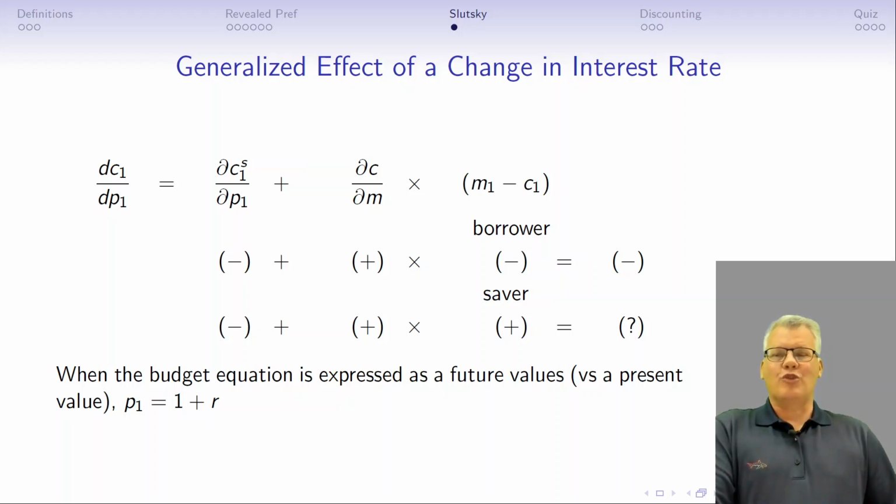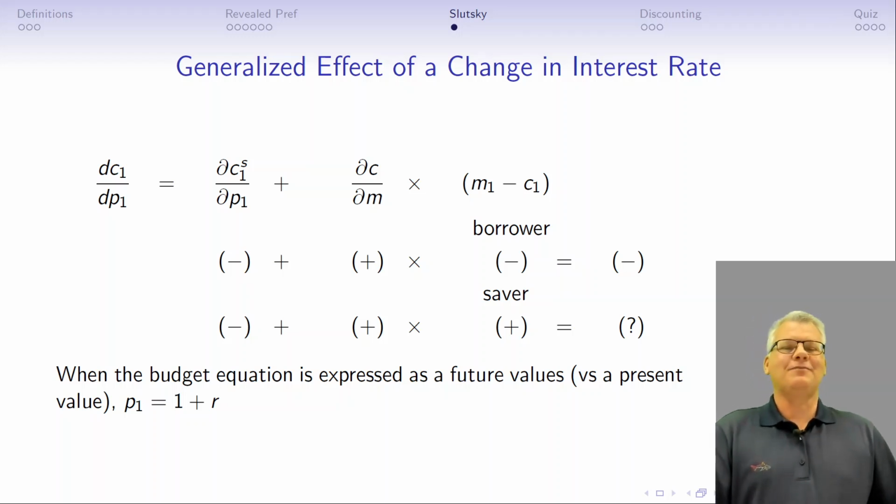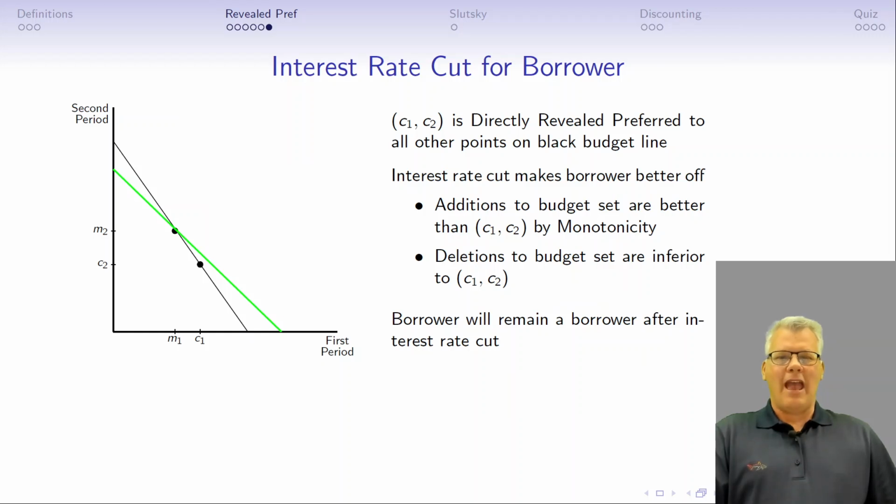If the interest rate rises, that becomes more expensive, and the Slutsky equation is telling us unambiguously the consumer will do less of it. That makes perfect sense. For a saver, though, the net effect is ambiguous. It depends upon which effect is larger, the substitution effect or the income effect. Let me go back here.